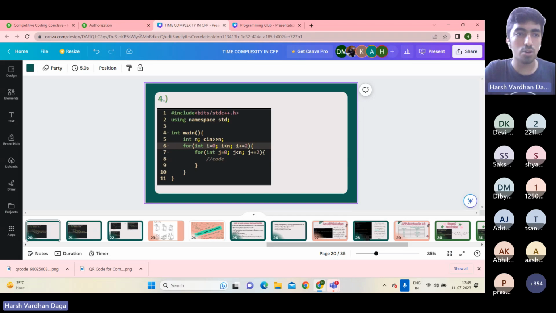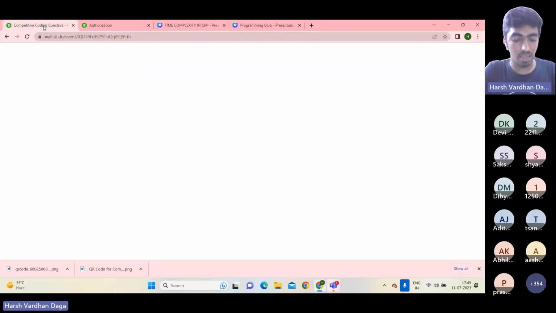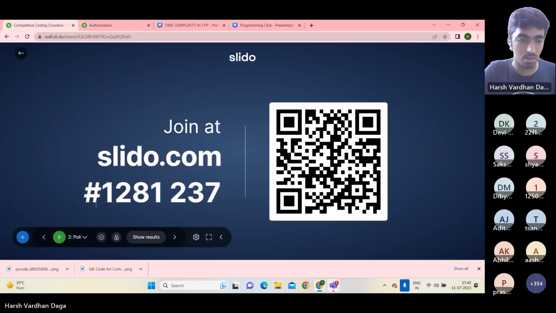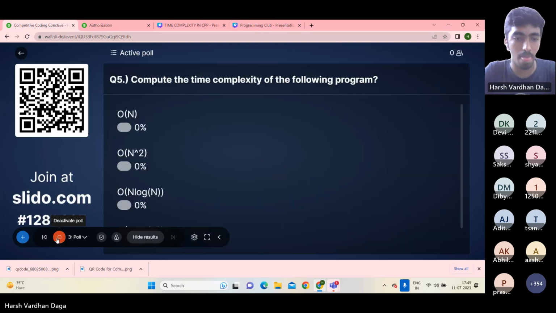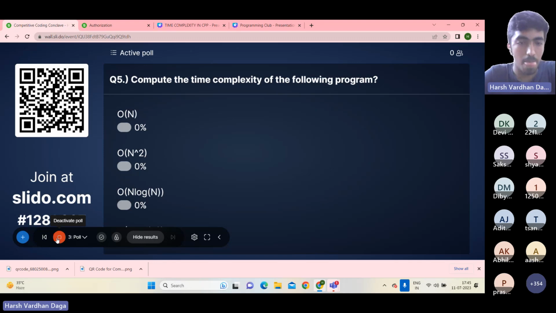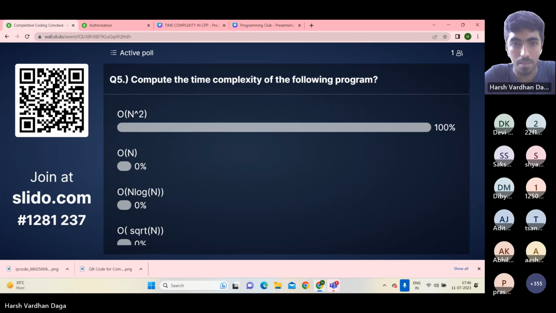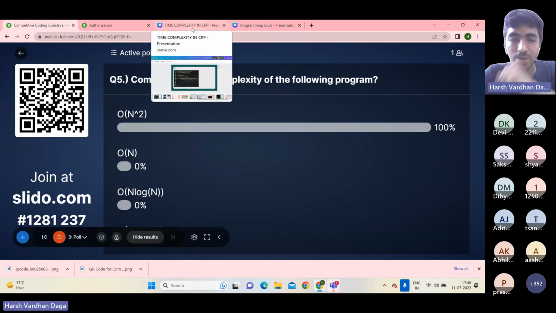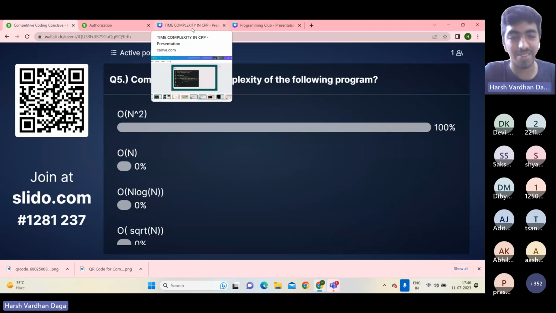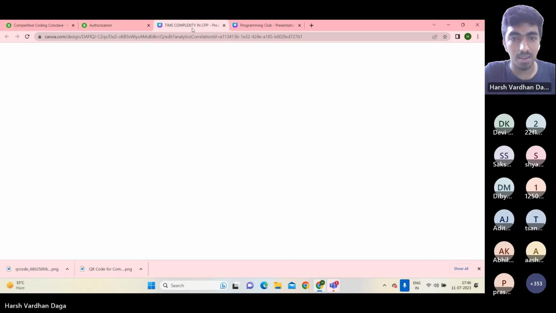Okay, so I'll show you the QR code for the fifth question. You can scan and answer in the poll. Once you have scanned, I'll show you the question. I would request you not to mark the answer before showing the question.